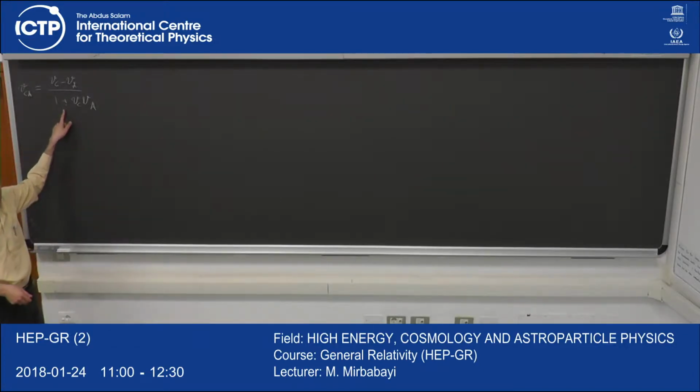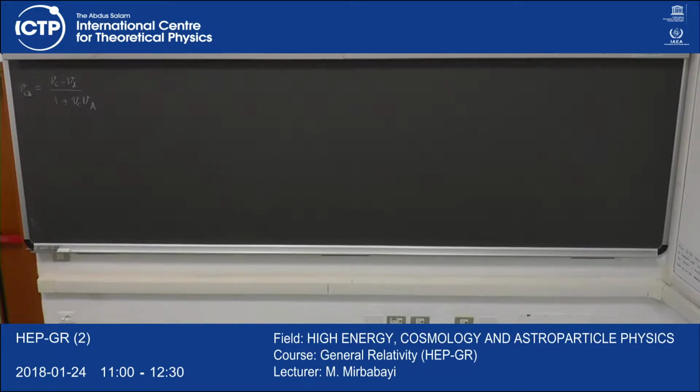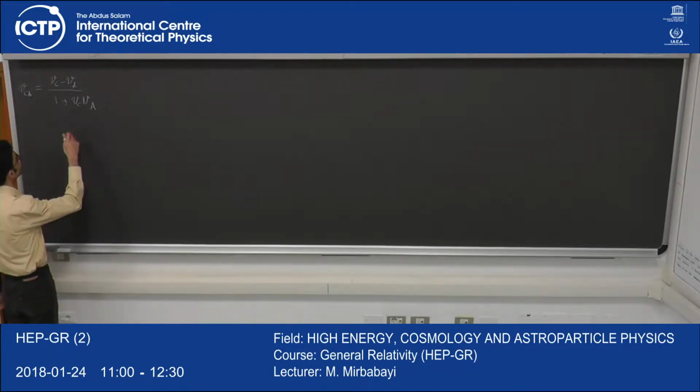This sign can be determined by the ultra-relativistic limit. So take the limit that one of the velocities approaches the speed of light, and use the fact that the speed of light is the ultimate velocity, so nothing should become larger than that.